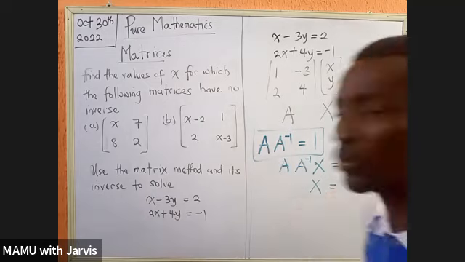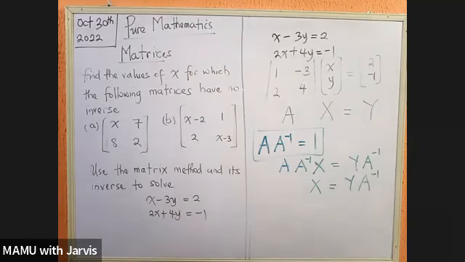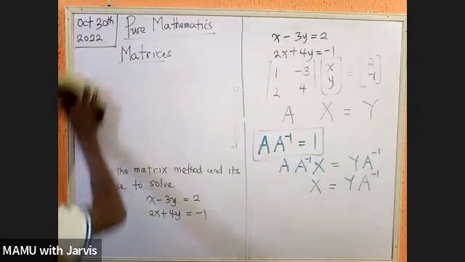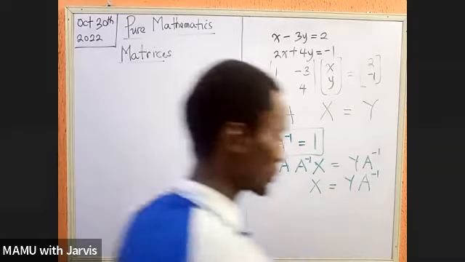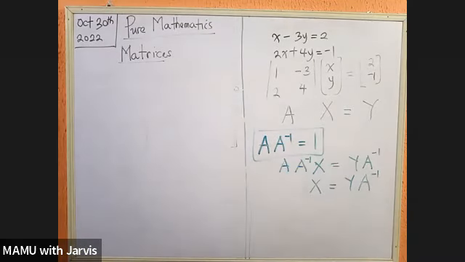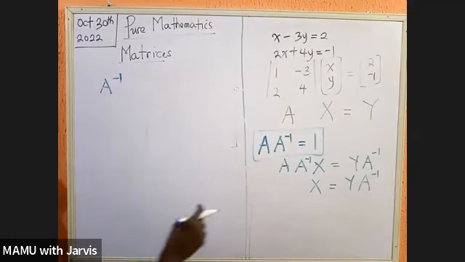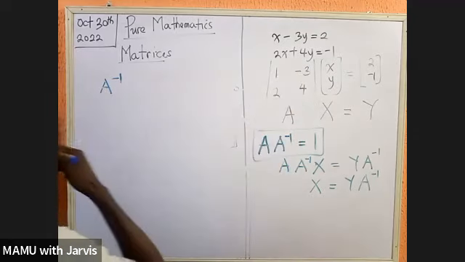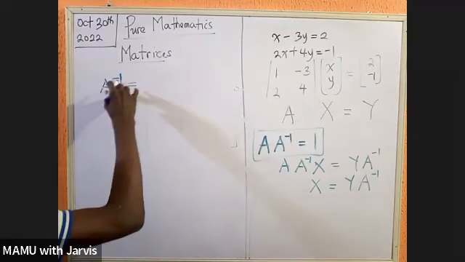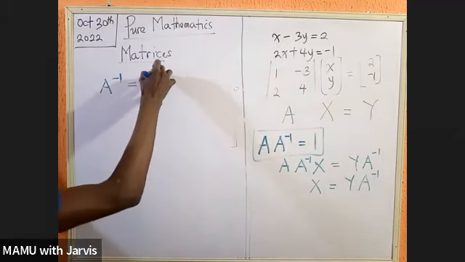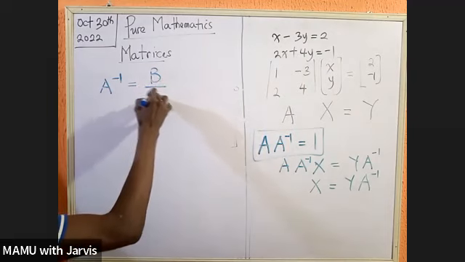Now, there's also something you need to remember. Maybe at this point I will need to claim this part of the board since you already have this information. Something very important we need to remember in solving this question is that the inverse matrix of this will be equal to this over A modulus.